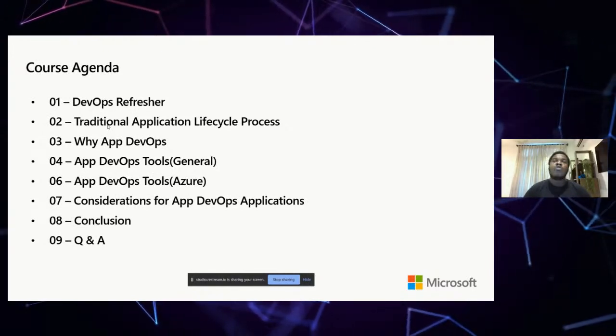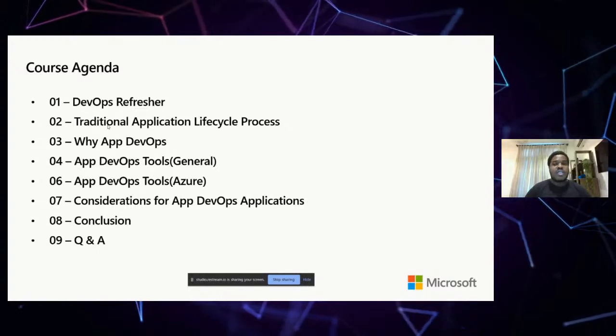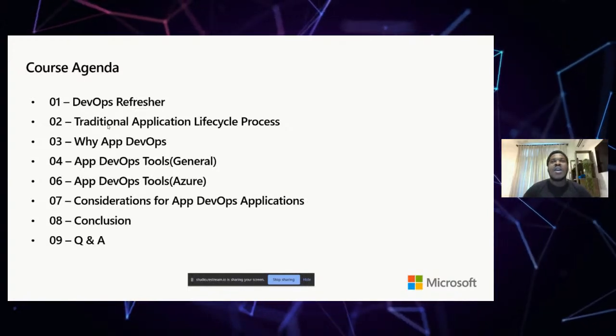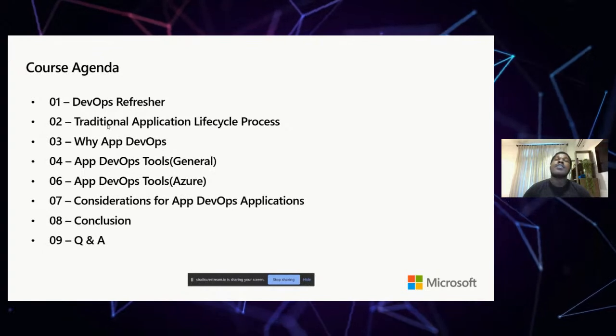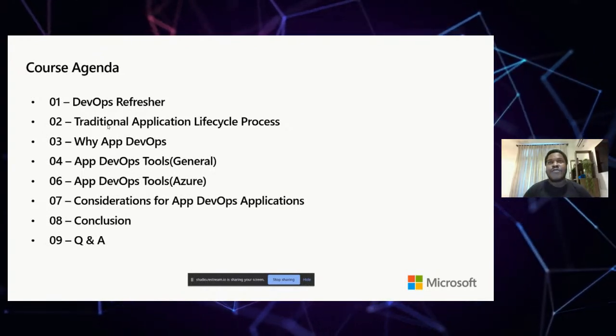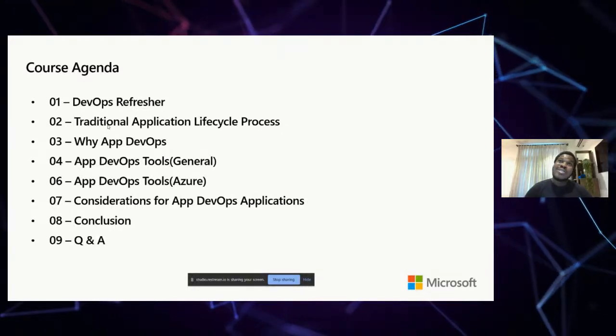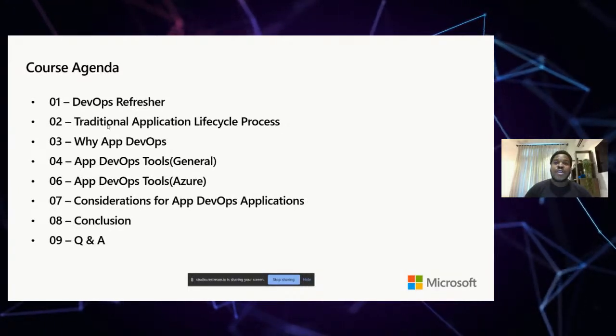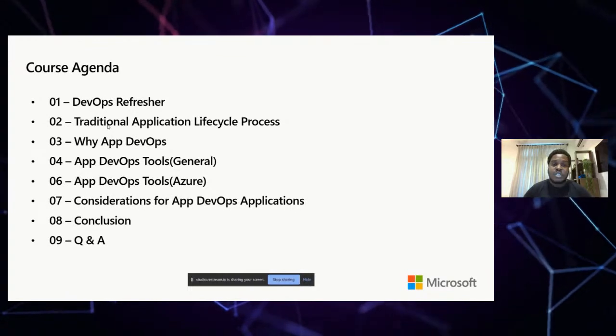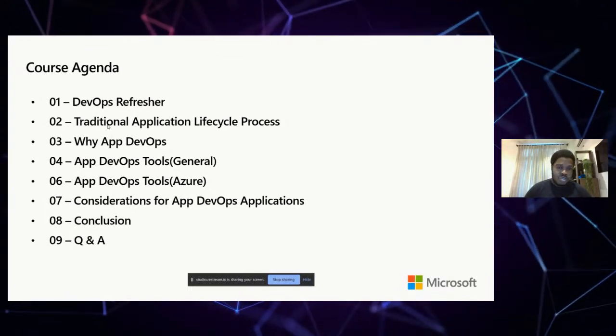And after that, we'll look at tools, both general and then, obviously, since this is the Azure Meetup, we'll definitely be highlighting the Azure DevOps slash application tools, the tools that you can use in terms of implementing or automating deployments to application services to a large extent.